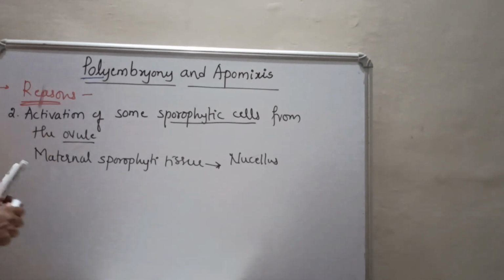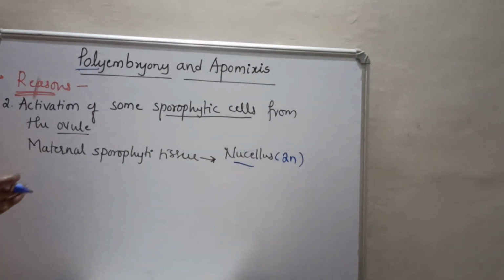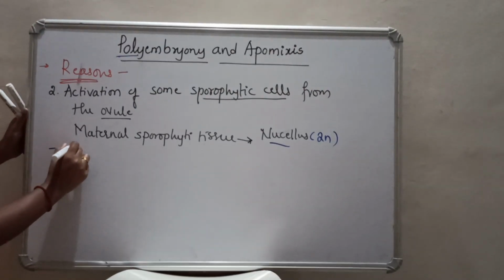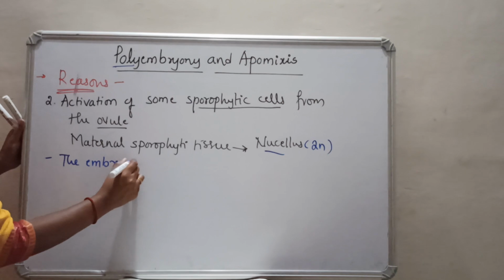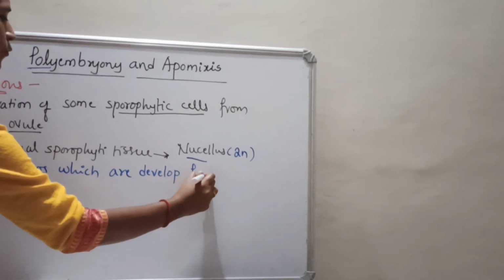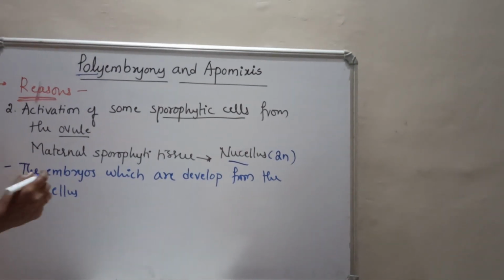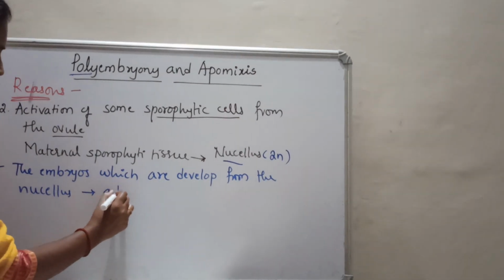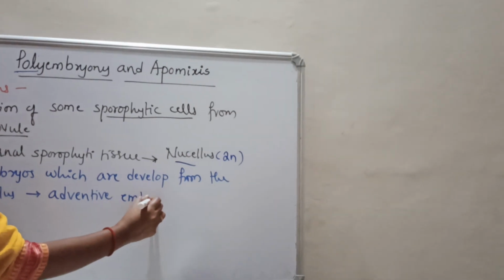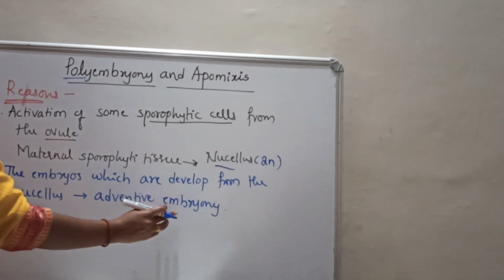The nucellus is diploid in condition. The embryos which are developed from the nucellus are called adventive embryony.